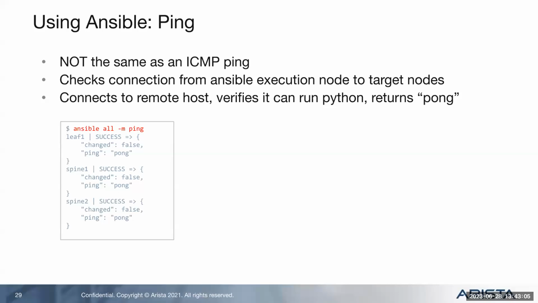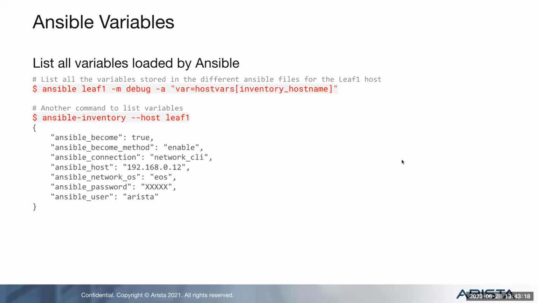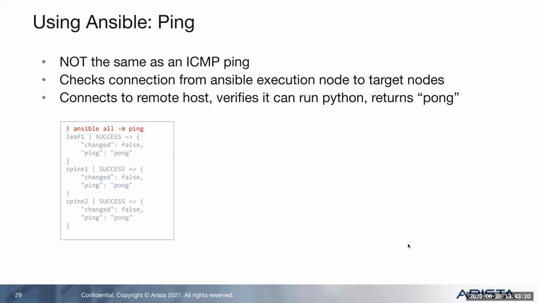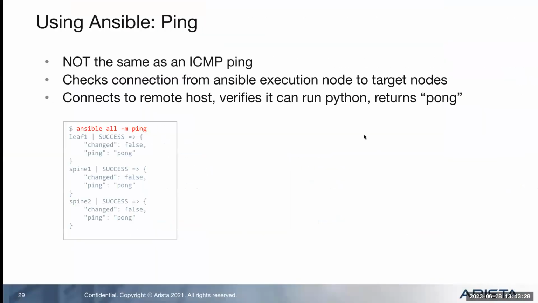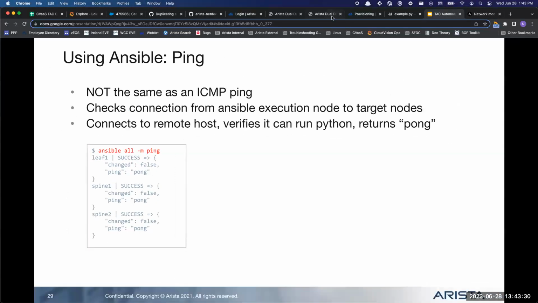Changed matters more when you start getting into tasks that will change the system. So changed is something you're going to have in every task. And if you were doing something that would conceivably make a change if it wasn't configured already, then that value will change to reflect whether or not you actually had to do something with the task. Right. So let's go.